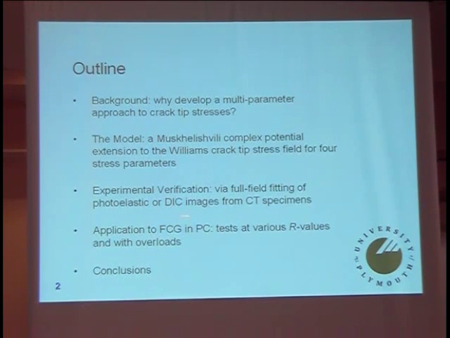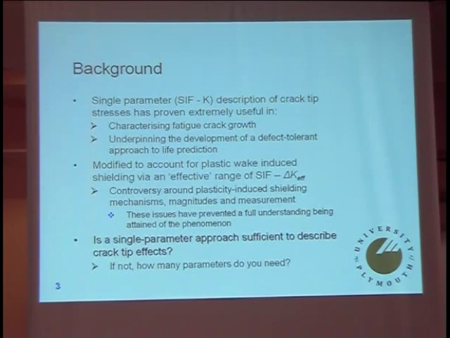And we've applied this so far to fatigue crack growth in polycarbonate at various stress ratios and with an overload. And at that point there are issues around, is polycarbonate a decent model material? And then some conclusions.